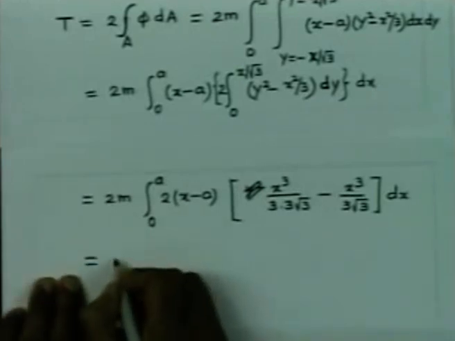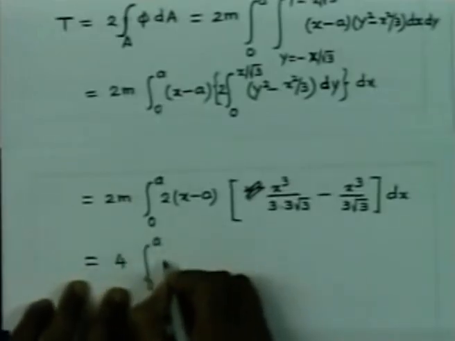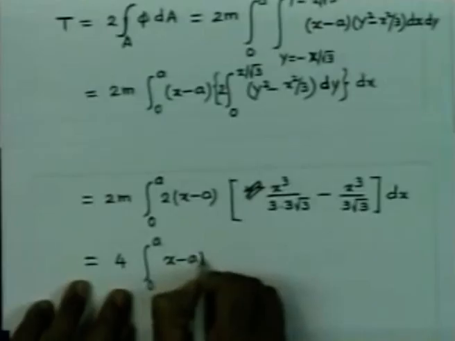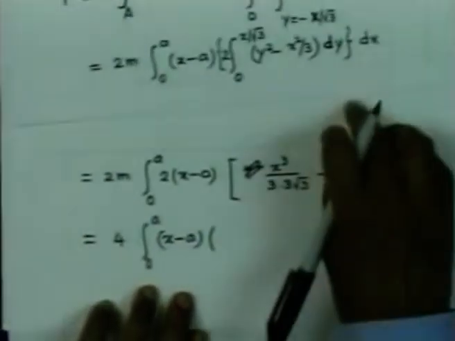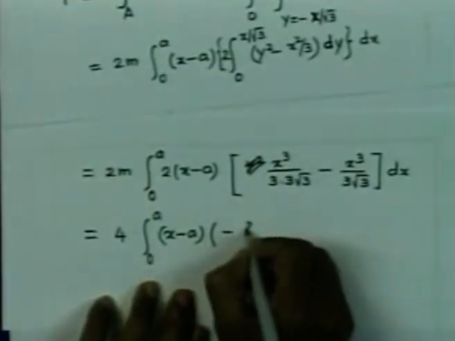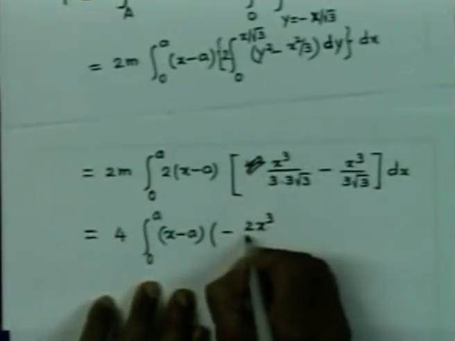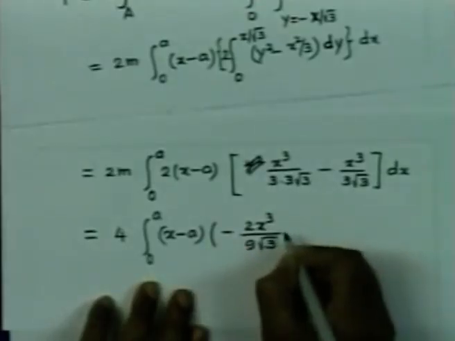So, this gives us 4 times 0 to a, x minus a into minus 2x cube by 9 into root 3.